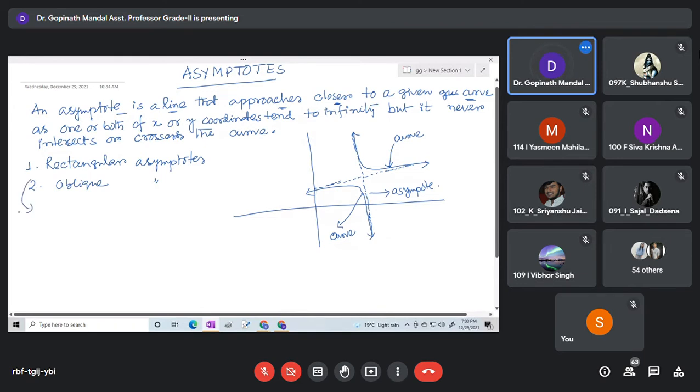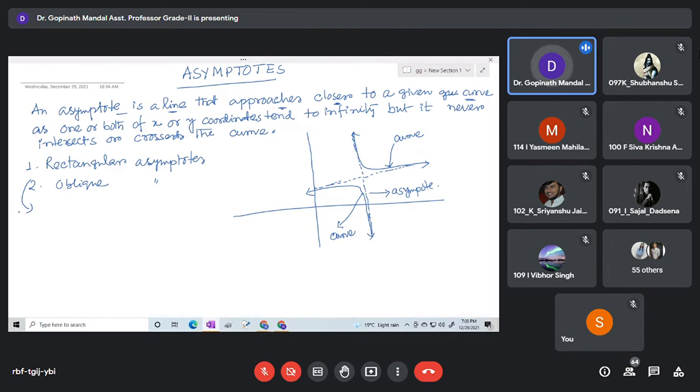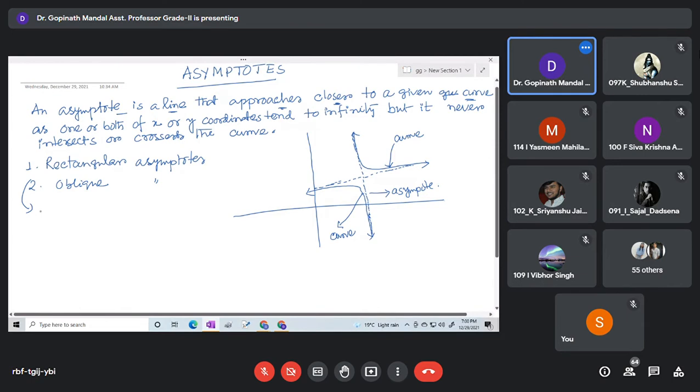Now, rectangular asymptote: if an asymptote is parallel to x-axis or y-axis, then it is called a rectangular asymptote.